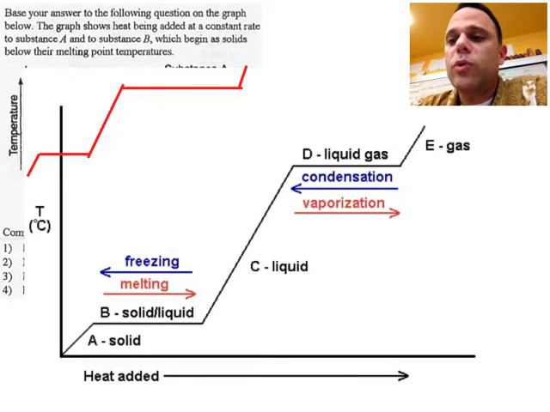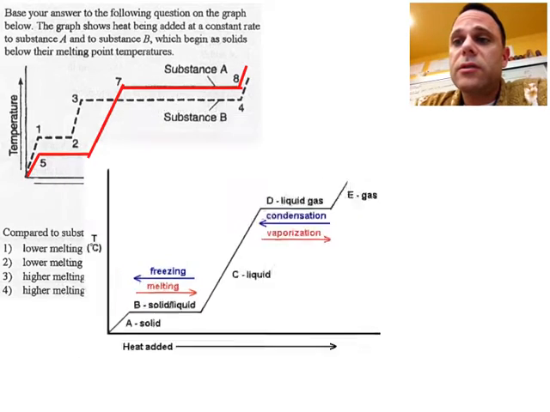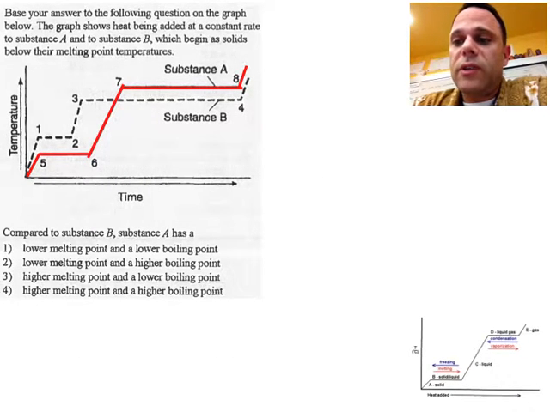Here is a quick review of a heating curve. It is at this point, right here, that a solid becomes a liquid. So here we are talking about melting. It is at this point here that a liquid becomes a gas. So we are talking about vaporizing or even boiling. Now, which of these statements is true?